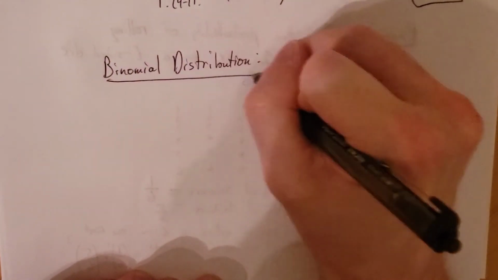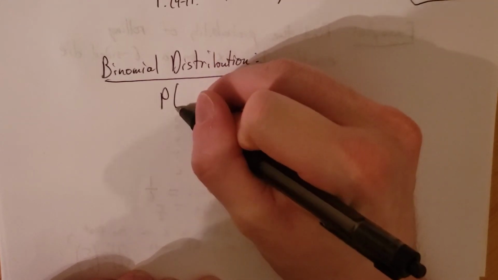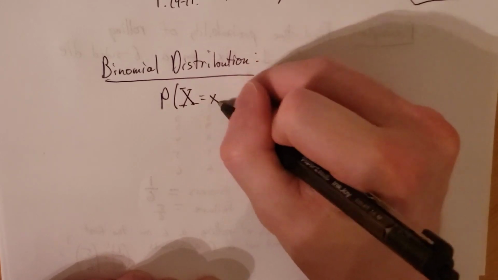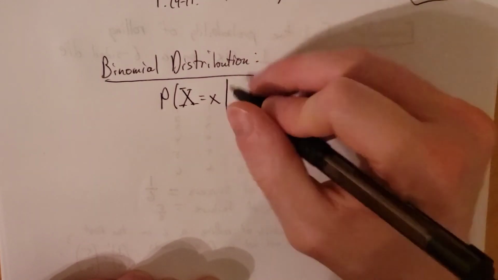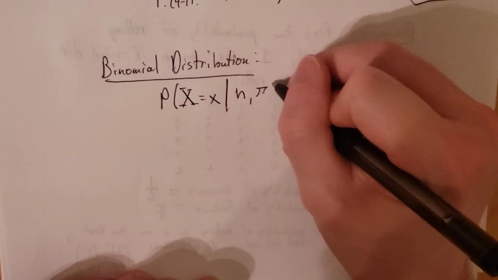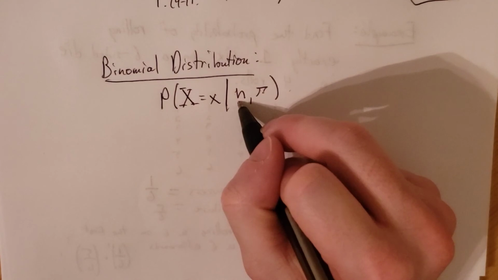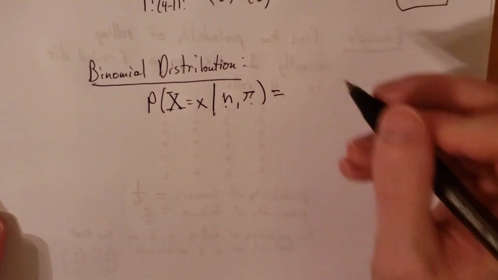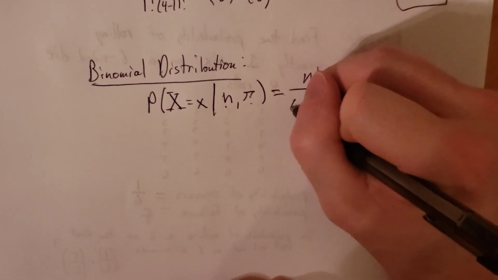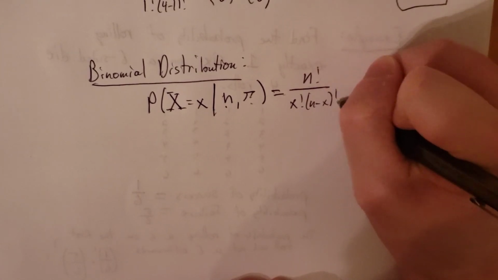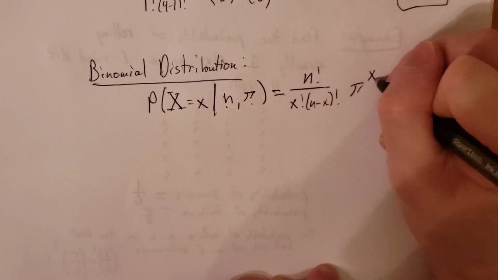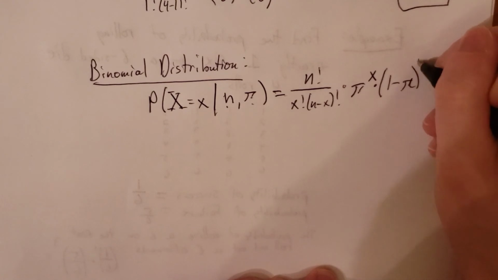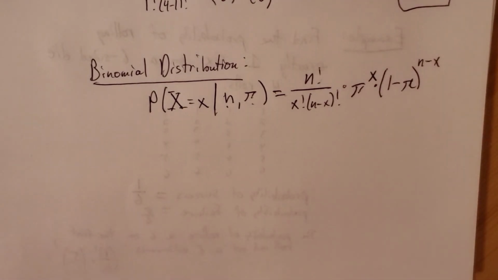So, for binomial distributions, the probability that the large variable X is equal to this lowercase x, given n comma pi, where n is our number of rolls or number of trials, and pi is the probability of success, is n factorial over x factorial times n minus x factorial times pi raised to the x times 1 minus pi raised to the n minus x. And that is our formula.